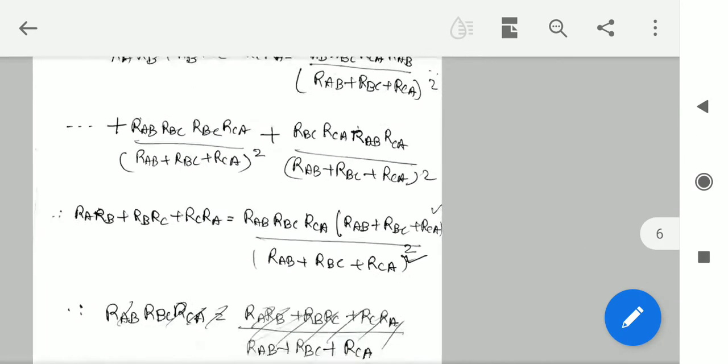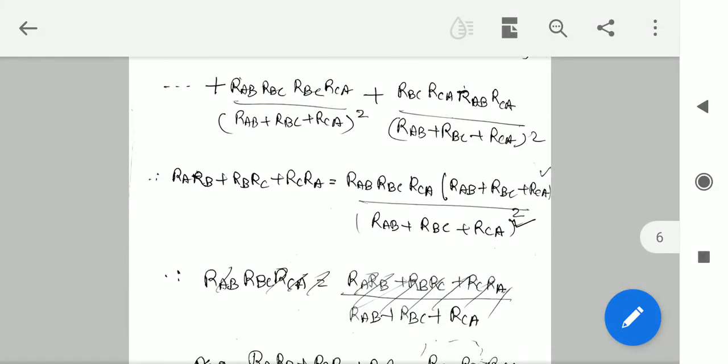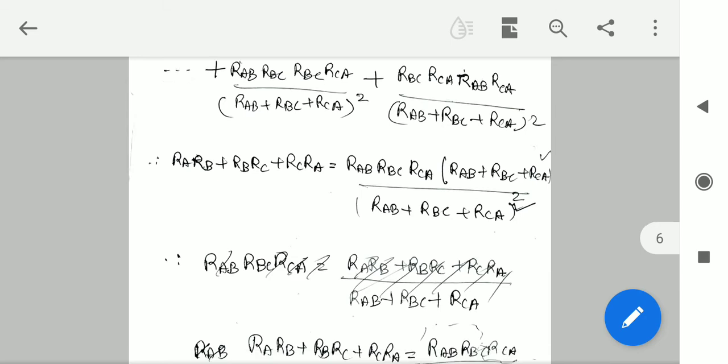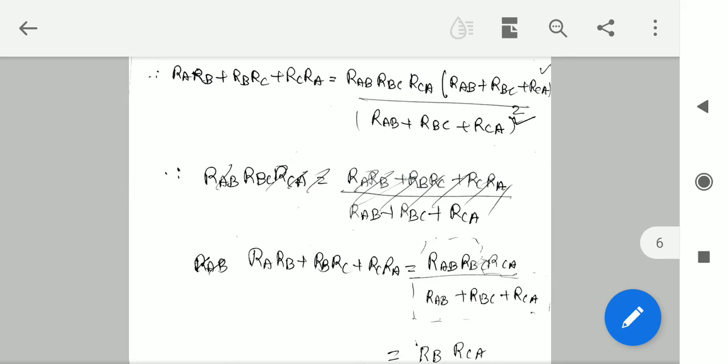After rearranging it looks like this. RAB plus RBC plus RCA will cancel with one term in the denominator, and what remains is RAB into RBC into RCA divided by RAB plus RBC plus RCA.